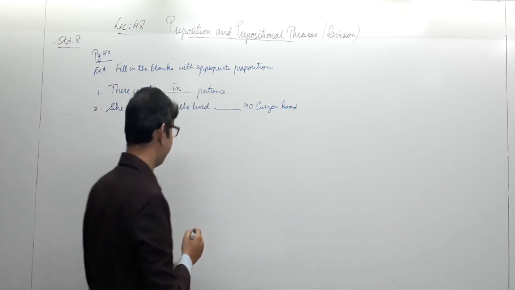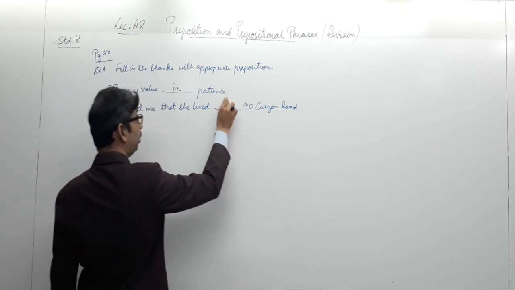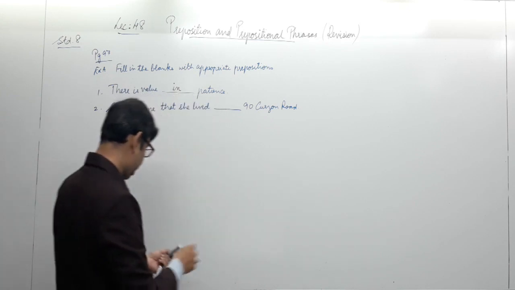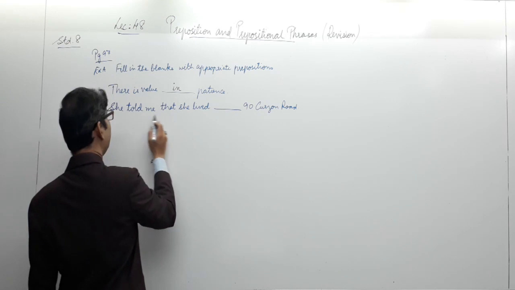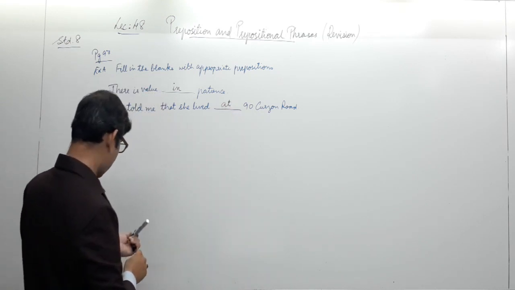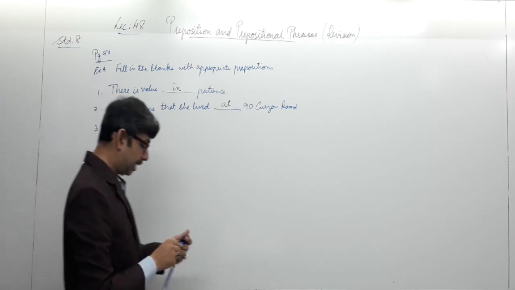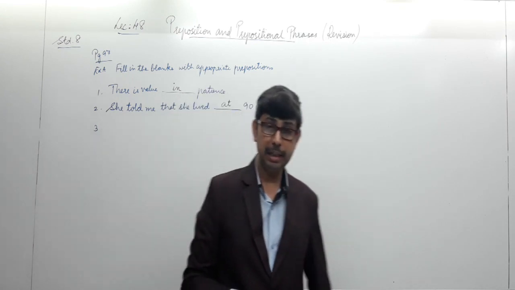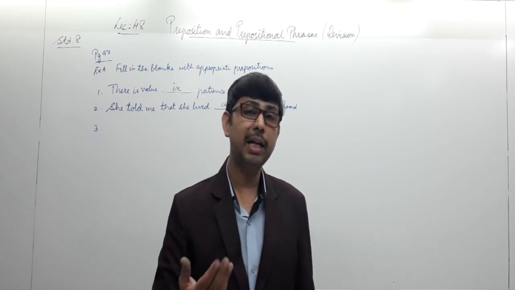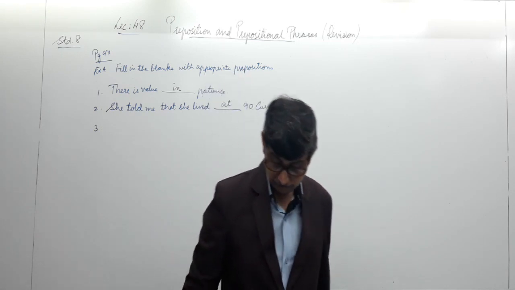Well, in this sentence, if you carefully see, we are talking about a specific area where the person is living. So we should be applying the preposition at and not in, as we just learned in the example. She told me that she lived at 90 Curzon Road and not in 90 Curzon Road. Well, if the 90 Curzon Road is in a particular city, Ahmedabad or Delhi or Agra or Bhavnagar, for instance, then we can continually write in Bhavnagar, in Ahmedabad to specify the wider place.